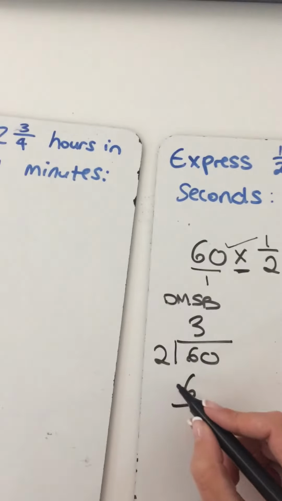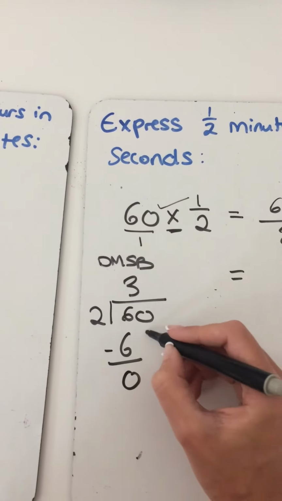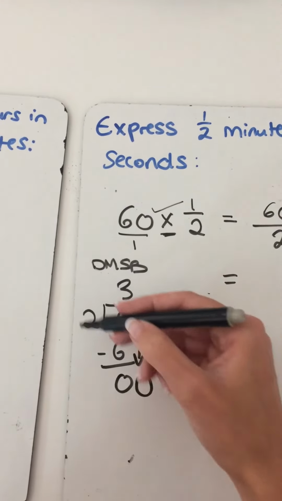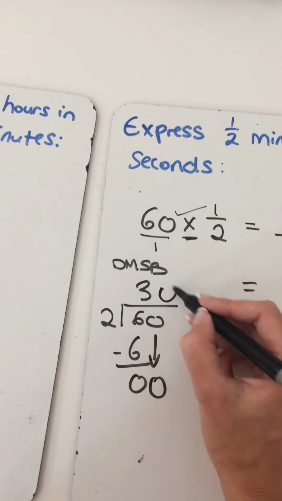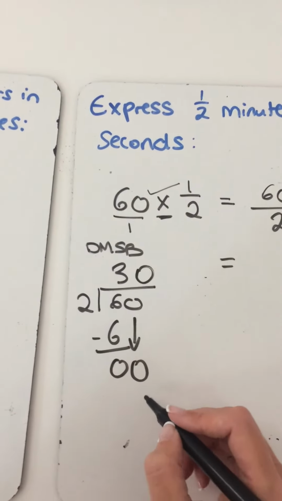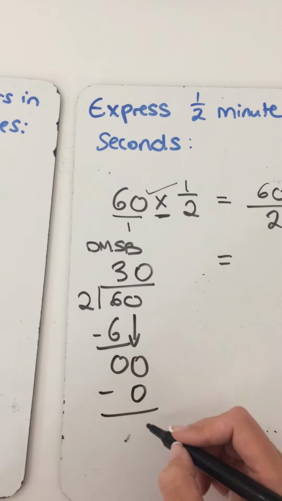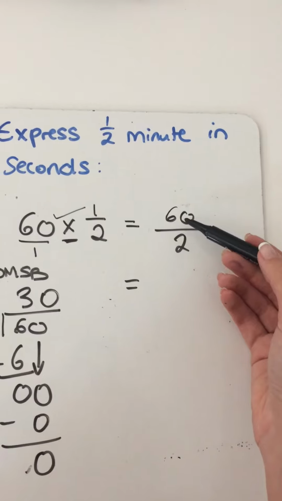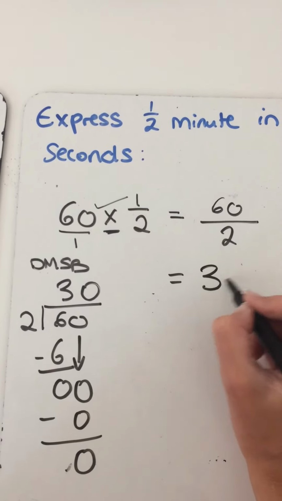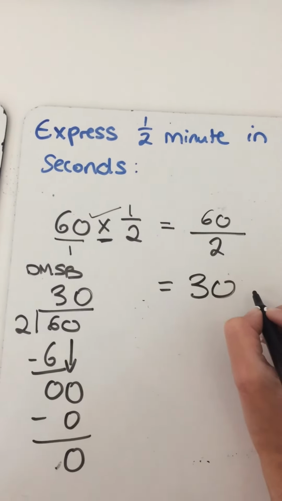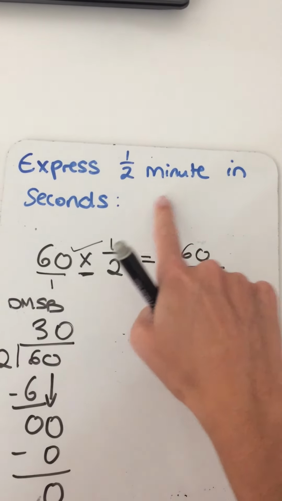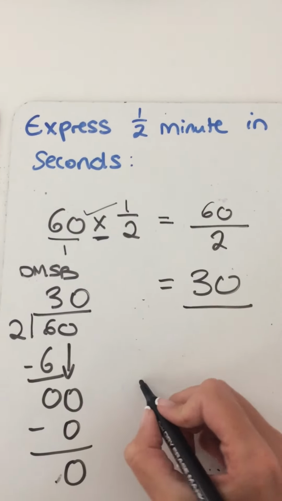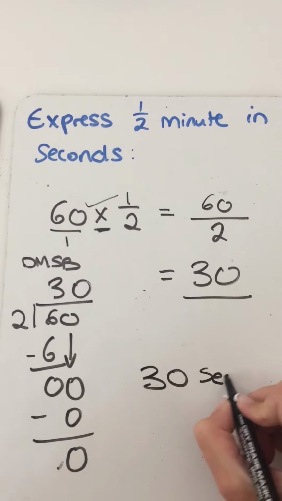Subtract: 6 minus 6 is 0. Drop it on down and bring it on back. 2 into 0 goes 0 times. 0 times 2 is 0. 0 minus 0 is 0. There's nothing more to bring down. So I know that 60 over 2 is 30. So my answer, express a half a minute in seconds, is 30 seconds.